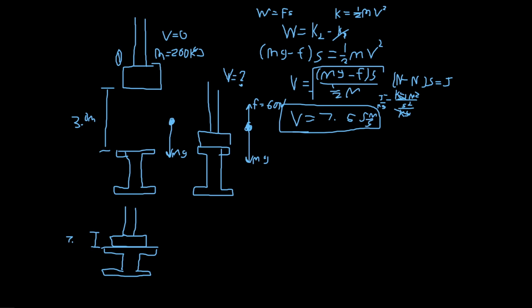And then we're going to draw our third case, which is where the I-beam is pressed down 7.4 centimeters into the ground. And we know that the hammerhead stops at this moment, so the final velocity is equal to 0.